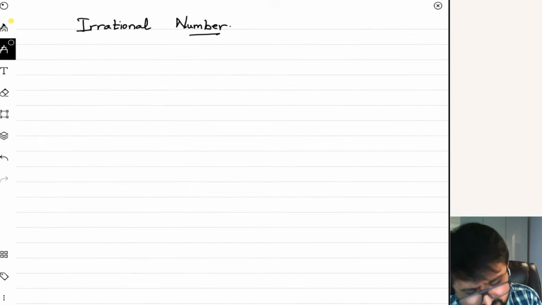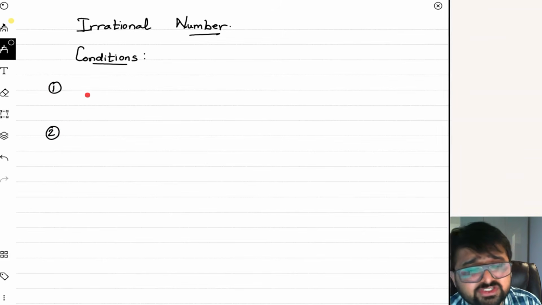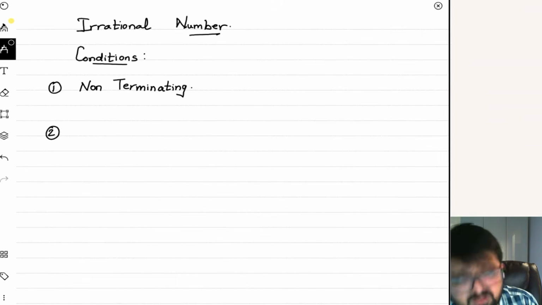Now, in order to determine if a number is irrational or not, there are really two conditions which I like to see. Okay, so there are two conditions, condition number 1 and condition number 2. If these two conditions are satisfied, the number is an irrational number. Condition number 1 is that the number is non-terminating.